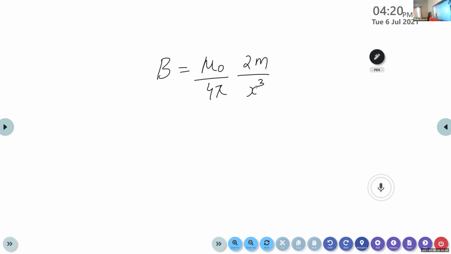Just similar to this equation, we studied one equation in electrostatics. What is that? E is equal to 1 by 4 pi epsilon 0 into 2p divided by r cube.